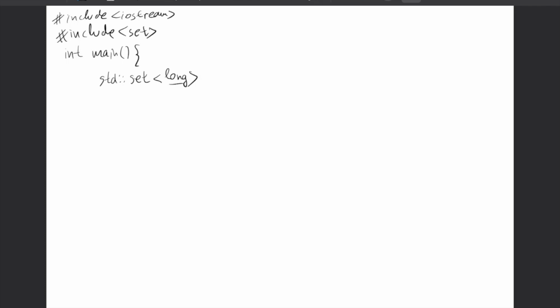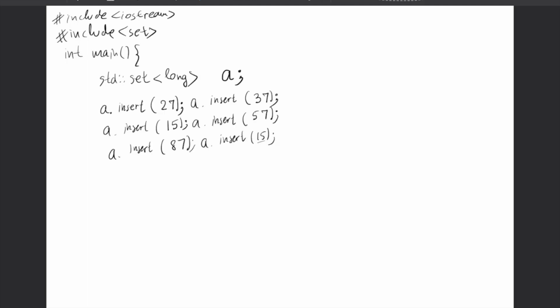Long is the type of elements that our set will have, and now the name of our set will be A. So A will be one balanced binary search tree, but it's going to contain integers of type long, and we can think of it as a set.